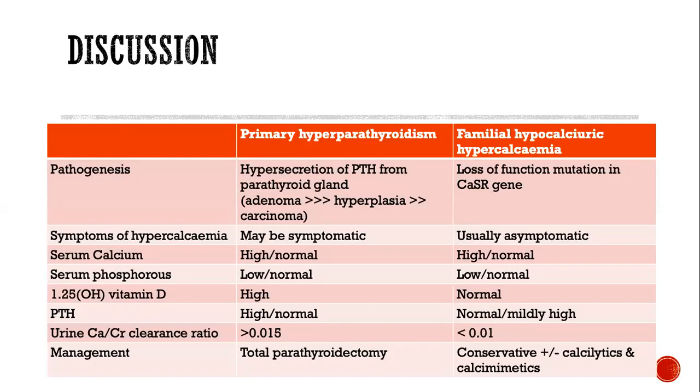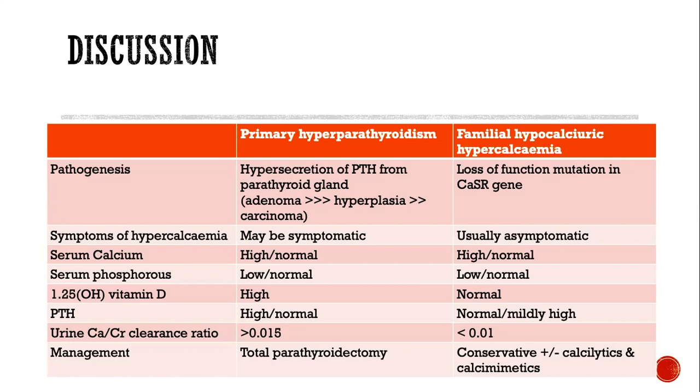So when we compare these two entities, primary hyperparathyroidism and familial hypocalciuric hypercalcemia, there is clinical and biochemical overlap between them. When we look into pathogenesis, in primary hyperparathyroidism there is hypersecretion of PTH from the parathyroid glands, usually due to parathyroid adenoma, occasionally due to parathyroid hyperplasia, and rarely due to parathyroid carcinoma.